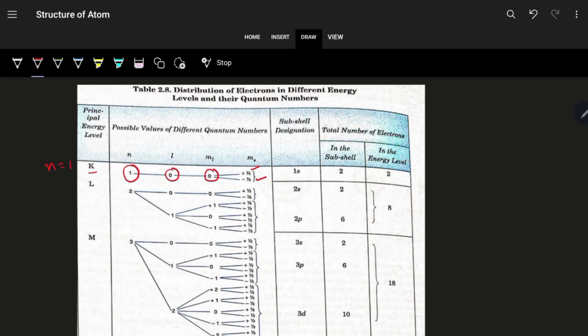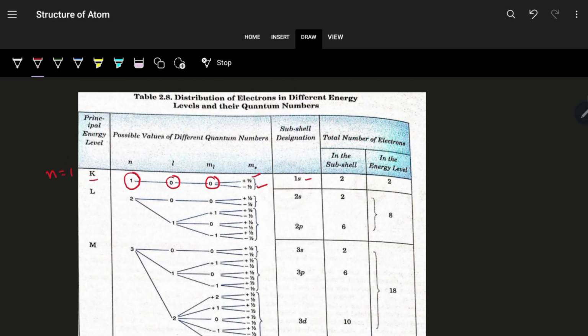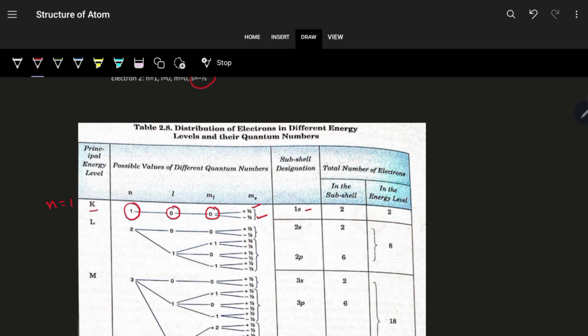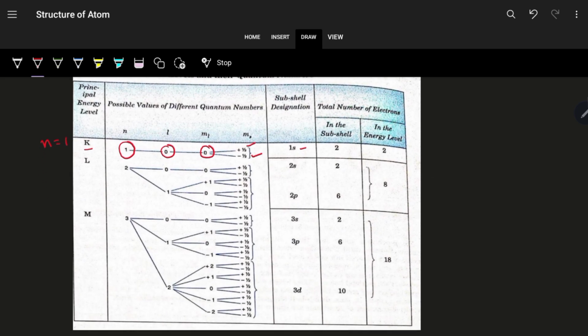The subshell designation is 1s. This is the same thing I had written in the previous video. In the subshell the total number of electrons is 2, and n equal to 1 has only one value of l. That's why it has only the s orbital. That's why in the energy level also there are 2 electrons.